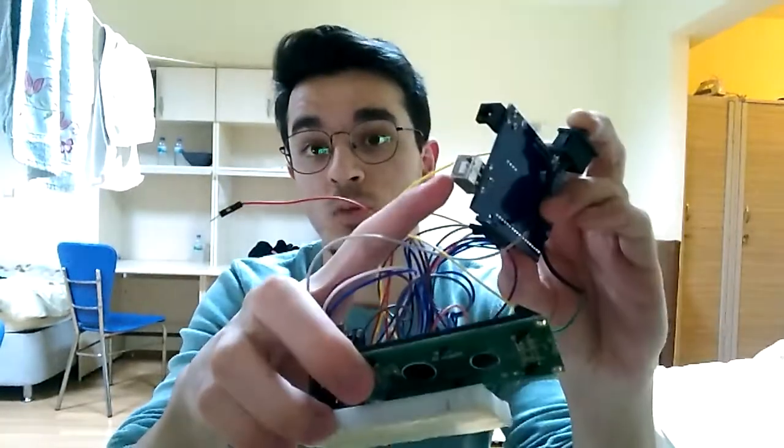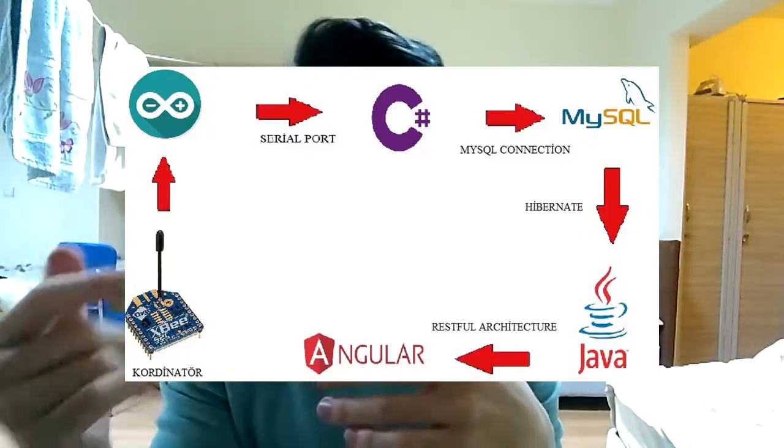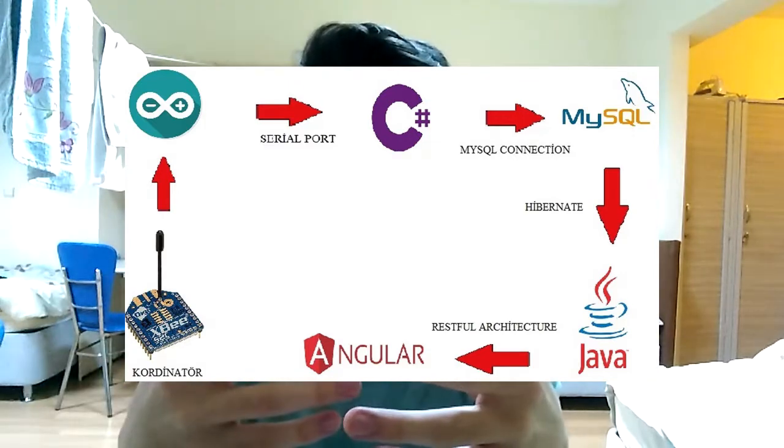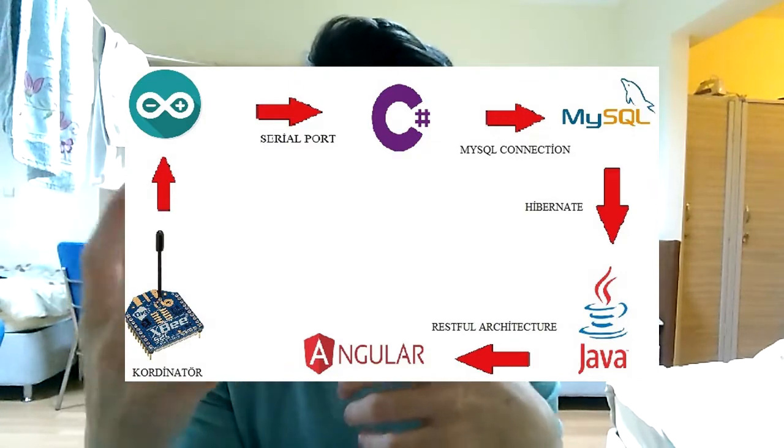The next part is the serial port, right? We have a serial port, and we are listening to the serial port with the C# language. C# is a very powerful tool for listening to the serial port.